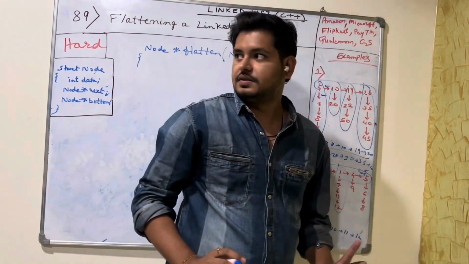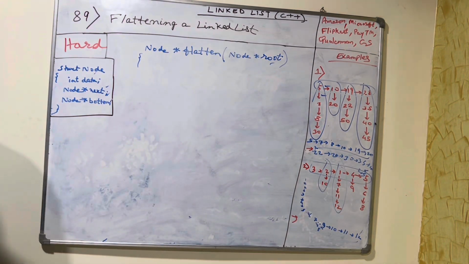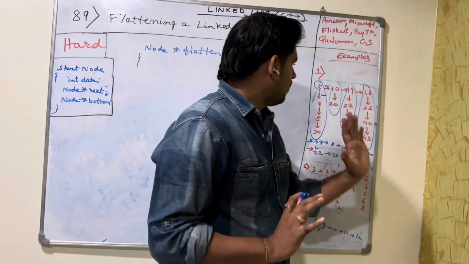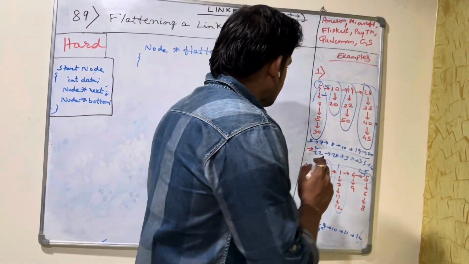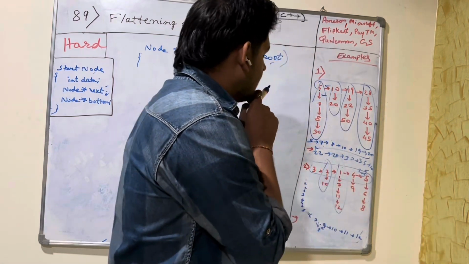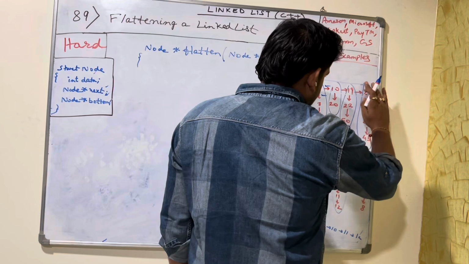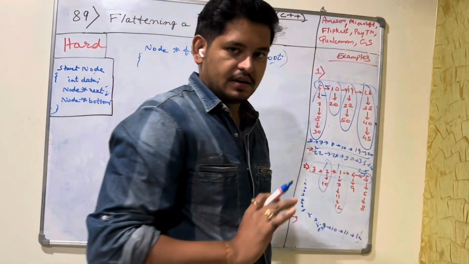Now how do we do this? So what can you think of right now? How we'll solve this? So here you can observe one thing, that this is a sorted thing, okay. This bottom thing is a sorted thing.